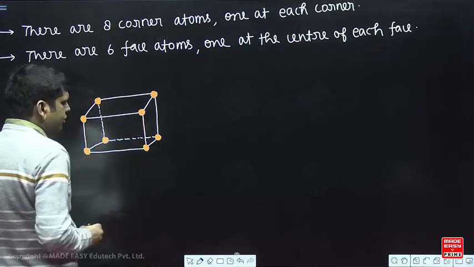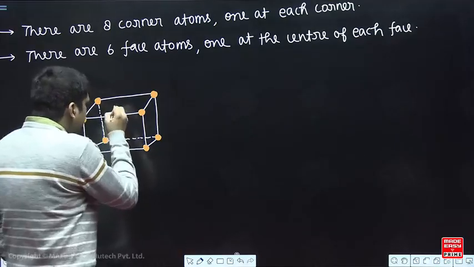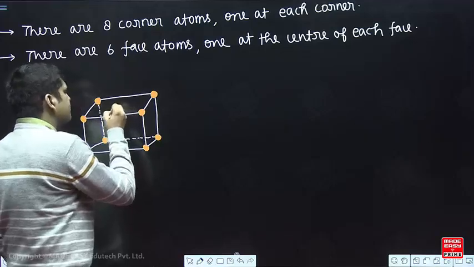So there are 8 corner atoms. There will be 1 atom at the center of each face.